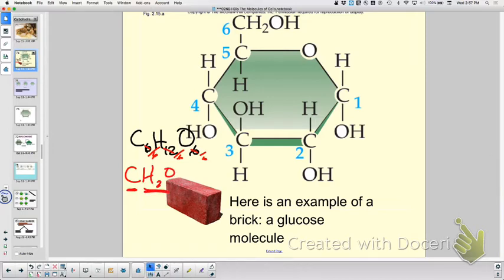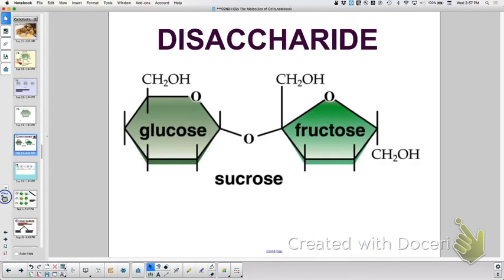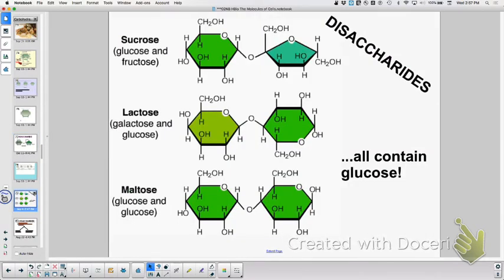carbohydrate. Okay? Now, if you want to make a disaccharide, what would be the reaction to go from the monosaccharide of glucose and fructose to make the disaccharide sucrose? What's the name of that reaction? Dehydration synthesis. What's another name for that? Condensation synthesis. Perfect. Okay? And we looked at the 3 disaccharides.